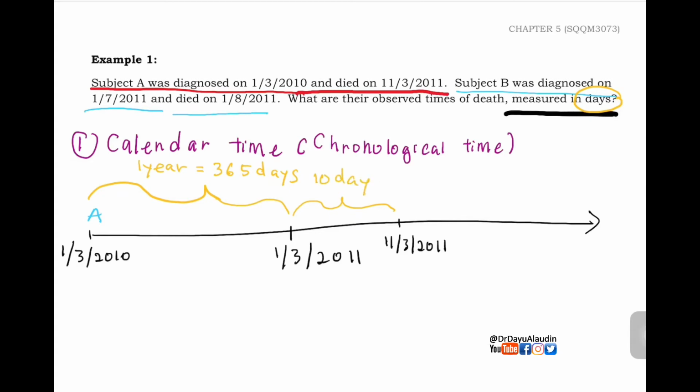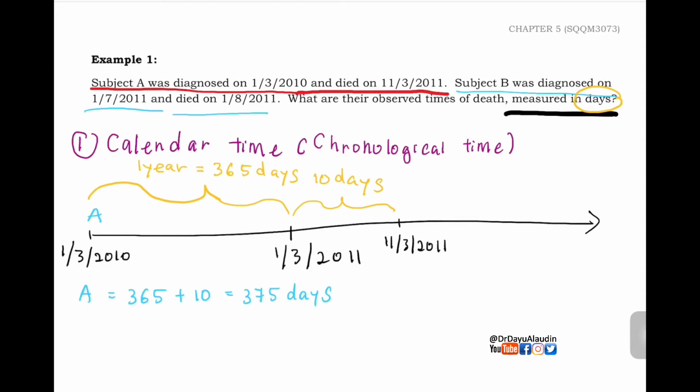So for subject A, the observation time until death is 365 days plus 10 days. It becomes 375 days. Okay, how about subject B?